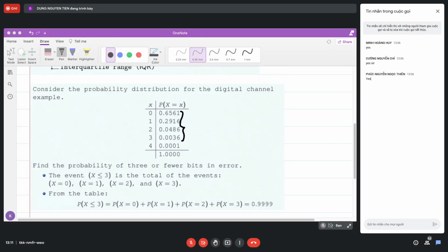Okay, and you can use that idea to come up with the following function. I will call it the cumulative distribution function.